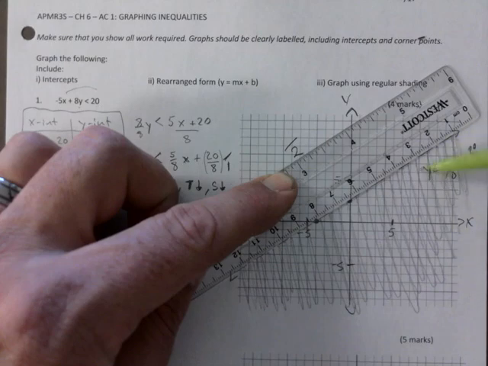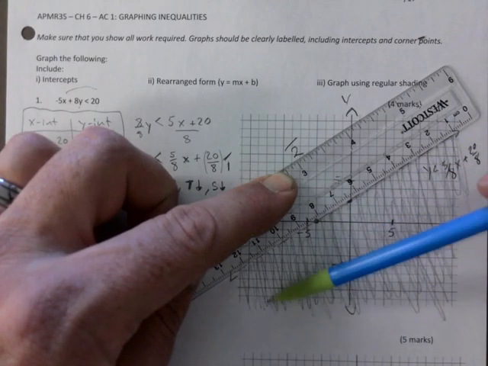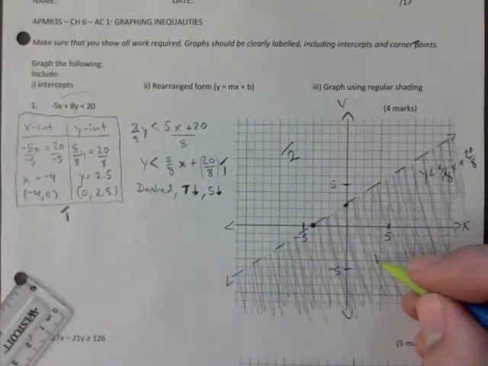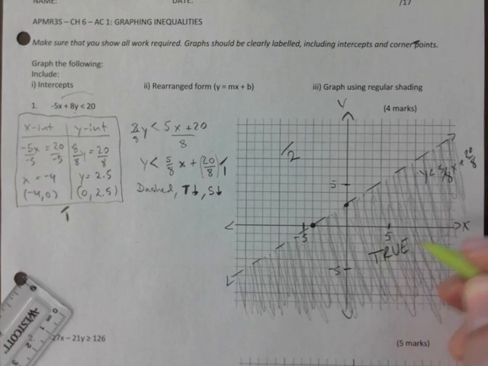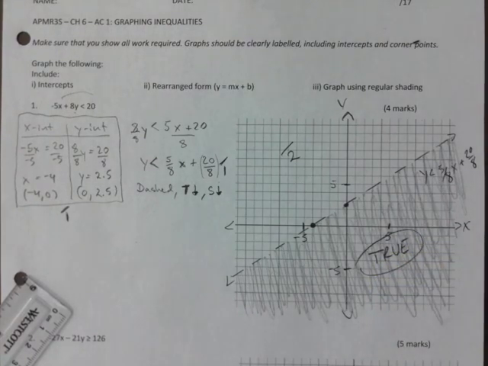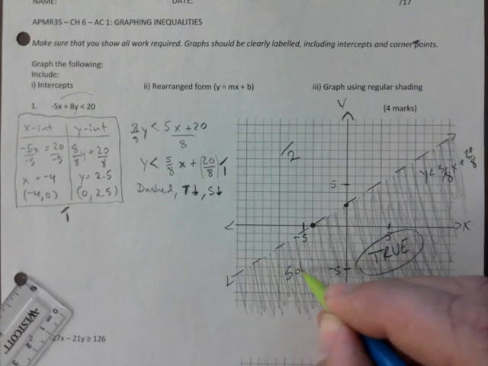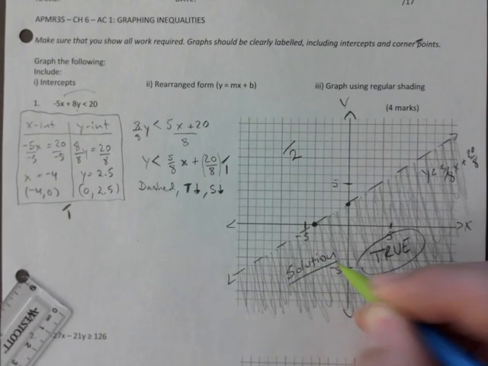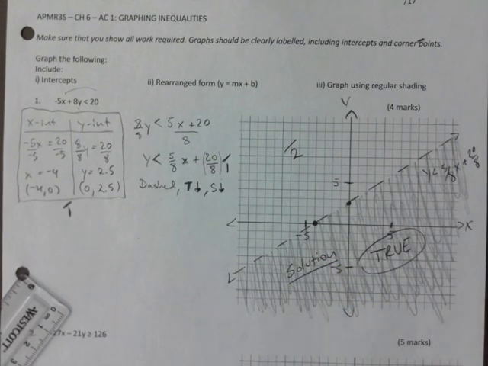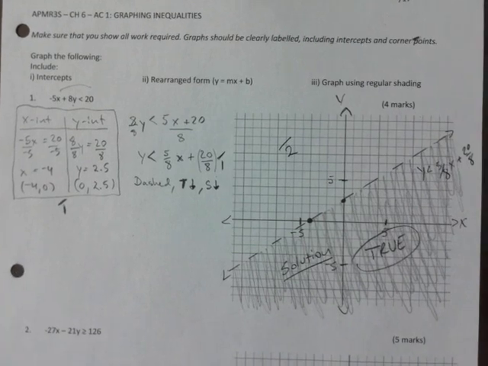Most importantly is tell me that this is the true region. That is probably the most important. You're telling me that that's the true region, the shaded part. So from now on, make sure you do that. Also, sometimes I'll write down solution region. It's the same thing. It's the true, the yes region, the solution region, all means the same thing.